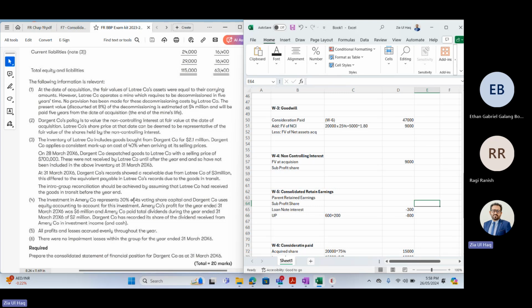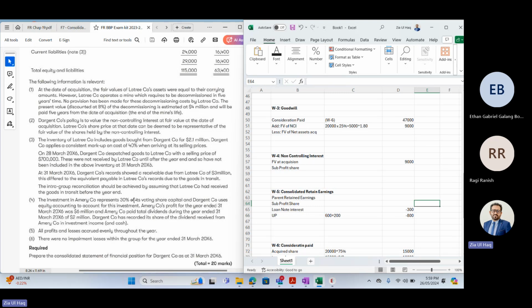There's some other information as well in this point. At 31st March 2026, Dargent company's record showed a receivable due from Latrey company of 3 million. This 3 million differed to the equivalent payable in Latrey company due to goods in transit.